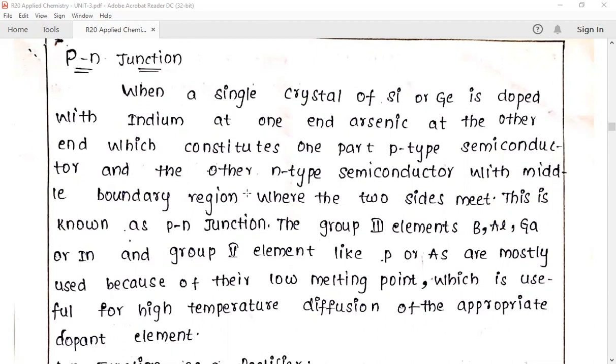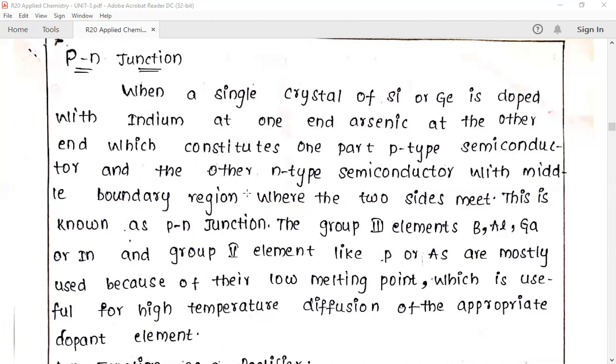Examples are diodes and transistors, which have replaced the old vacuum tubes. In that, the PN junction diode is used as a rectifier, and the junction transistors. So these two are the semiconducting devices.